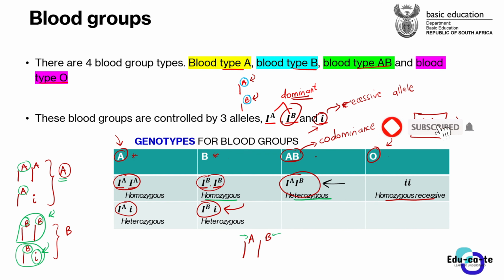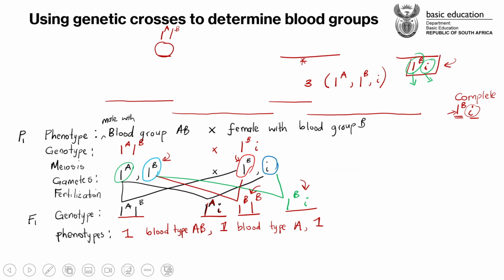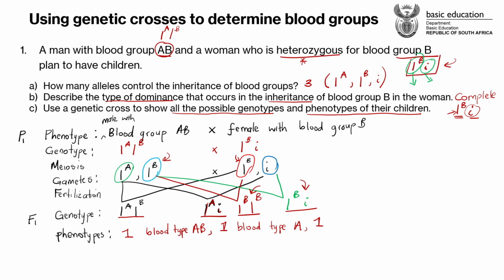Remember, our table shows us that blood type B can be achieved using this combination or this combination. So there are 2 possibilities of blood type B.